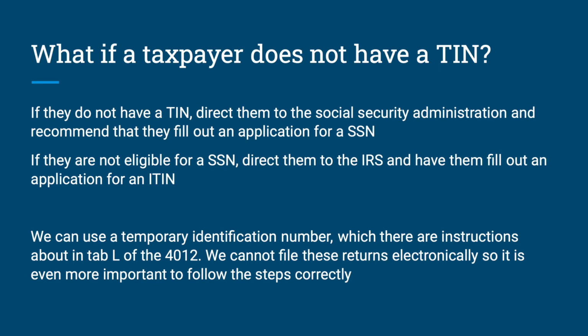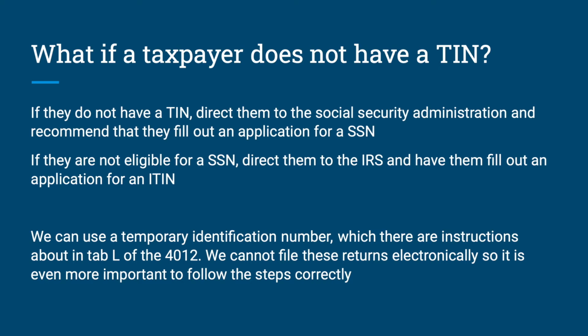And so a question that probably comes up is, what do we do if a taxpayer does not have any form of taxpayer identification number? So they don't have a social security number, they don't have an ITIN, and they don't have an ATIN. So the first option we have is that if they do not have a taxpayer identification number, we can direct them to the Social Security Administration and recommend that they fill out an application for a social security number.